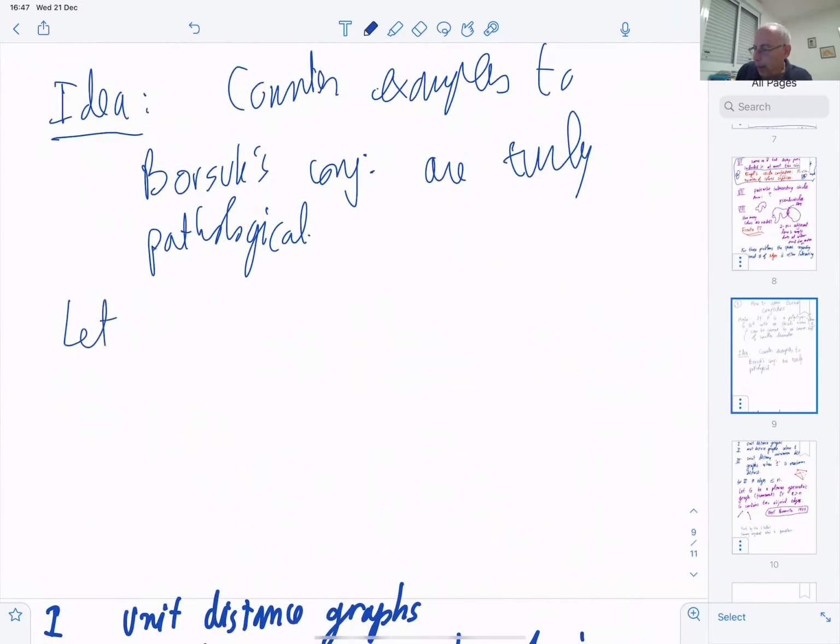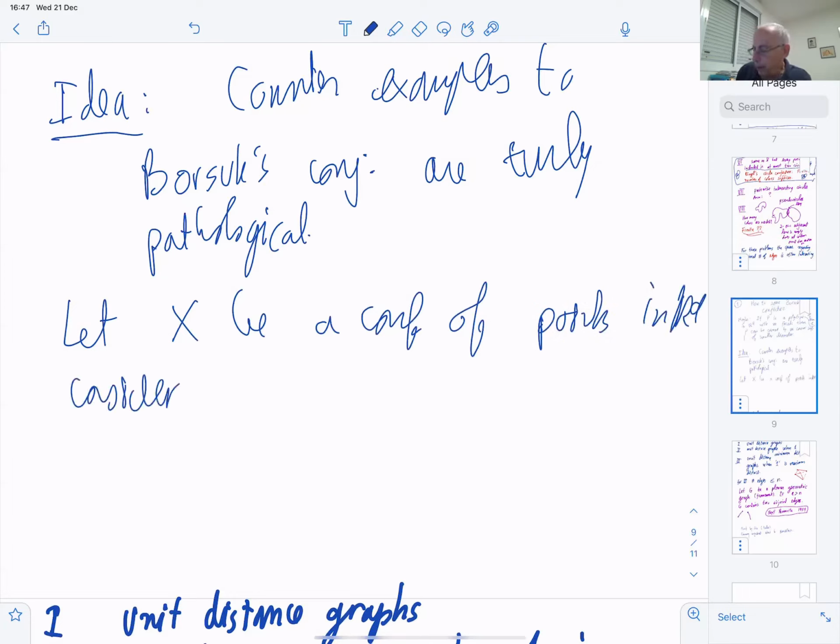So let X be a configuration of points in R^D of diameter 1.